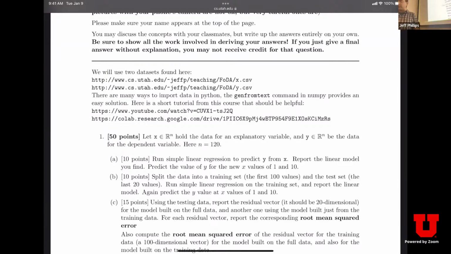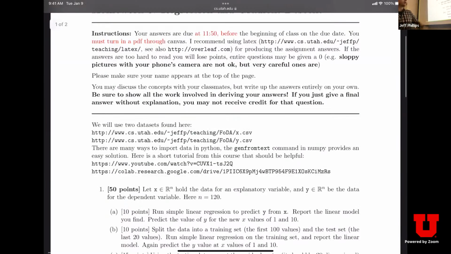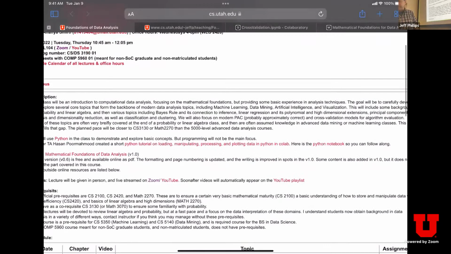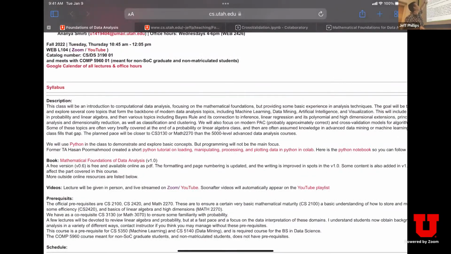Because this is a bit tricky, there are a couple of links here. These are also linked off of the web page. A previous TA in the course put together a tutorial about the basic stuff you would do, especially the loading of data sets within Colab. There are a couple of tricks to it because you have to get the data into the cloud, but otherwise it's pretty straightforward.